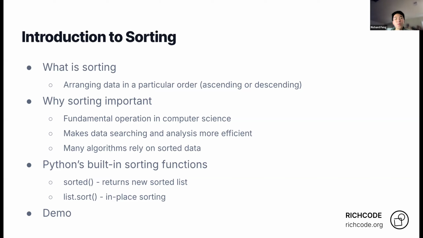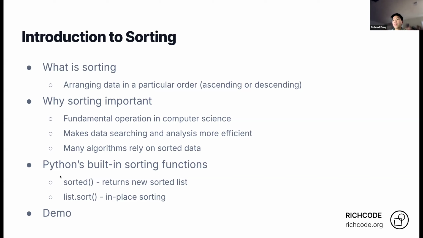It could also be strings, such as sorting a roster of students alphabetically by first name or last name. Those are some basic examples of sorting.